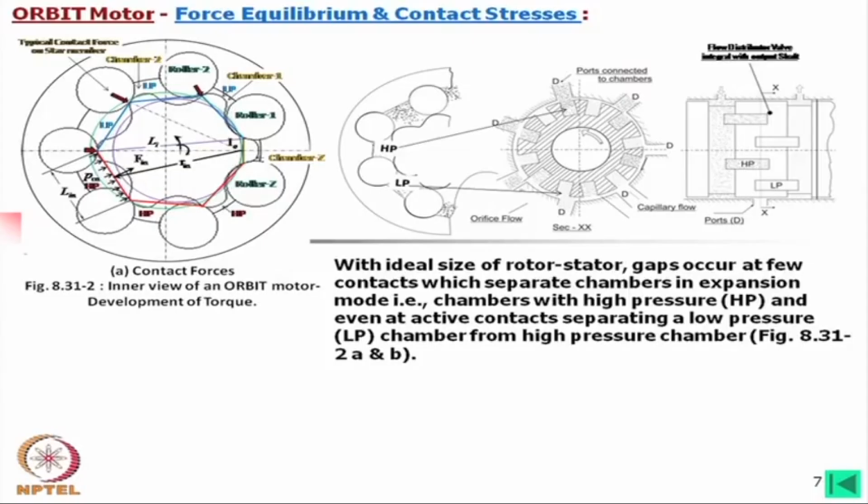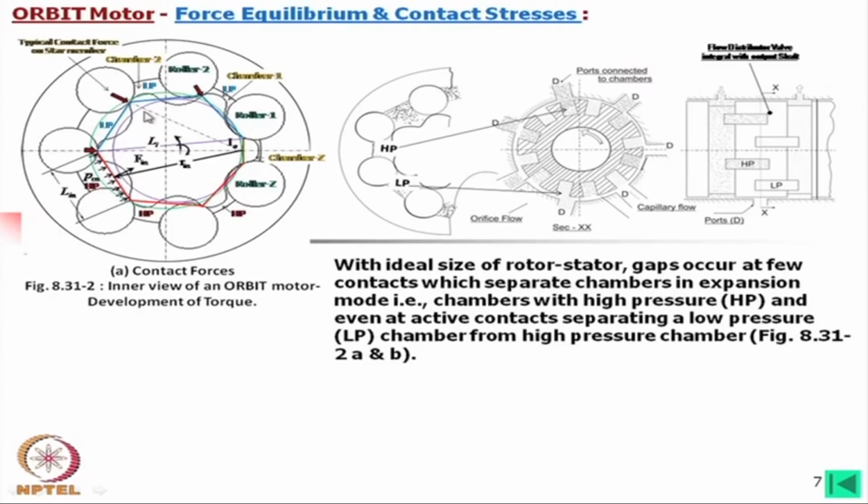Now, again looking into the direction of the force, we may find that some supports are not taking the load at all, and as well we will also see that a gap is generated. Now, this gap, say this is the high pressure side.